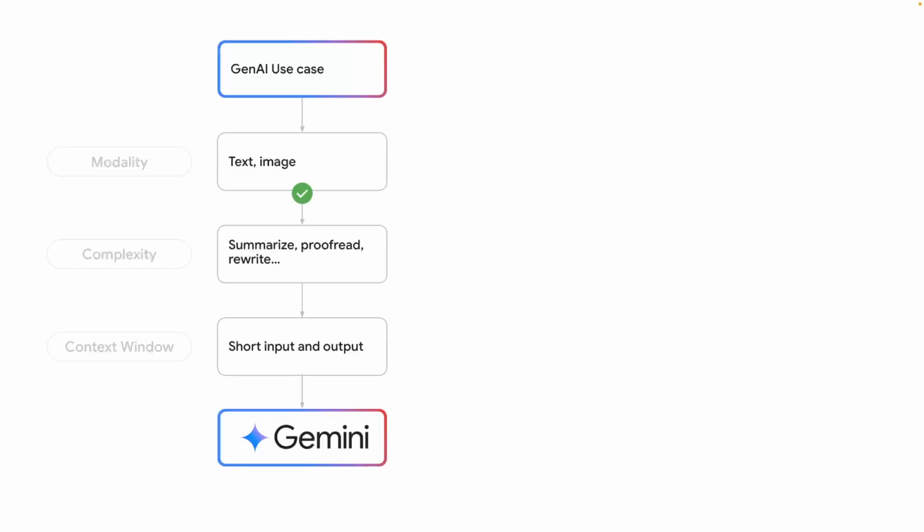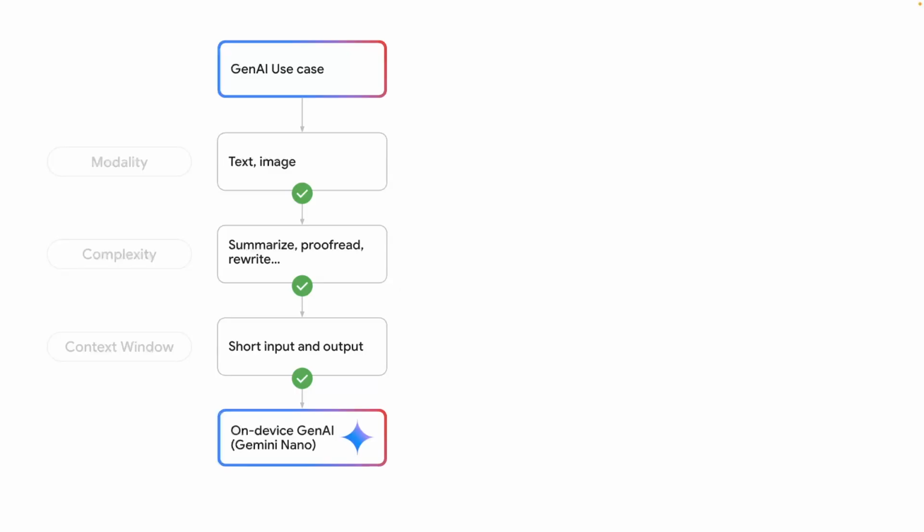But let's start with a simple text message. What we want to do right now is really straightforward. We want to summarize text, and text messages are relatively short. So a model that supports a moderate context window would be sufficient.